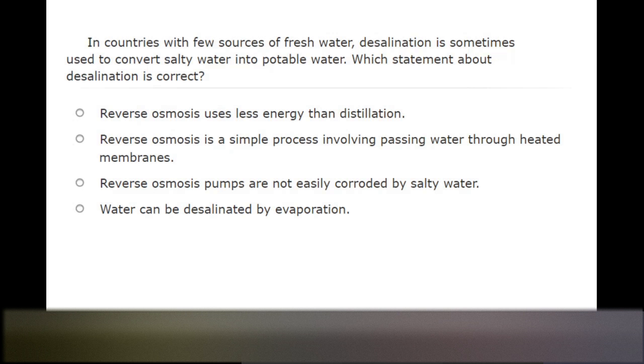Excellent. Okay, so in countries with few sources of fresh water, desalination is sometimes used to convert salty water into potable water. Which statement about desalination is correct? I'll give you time to read that.